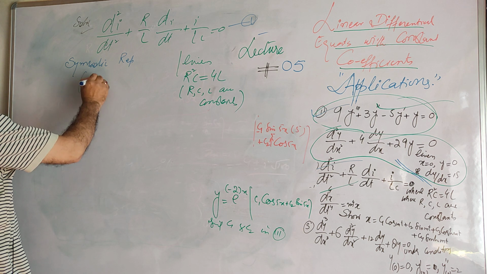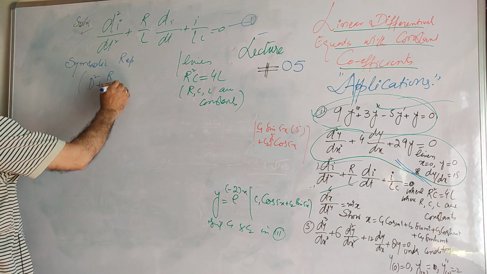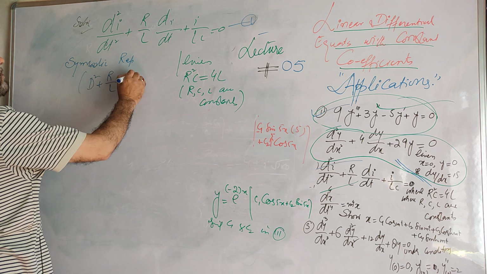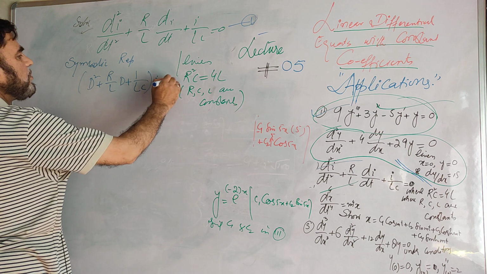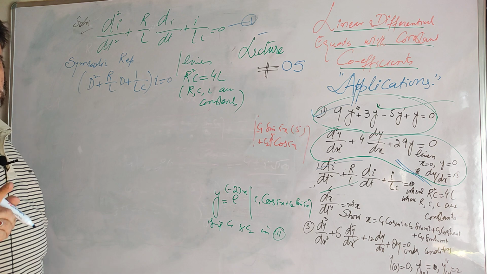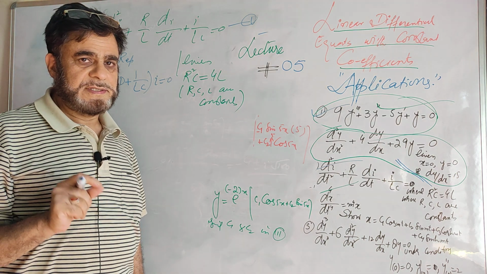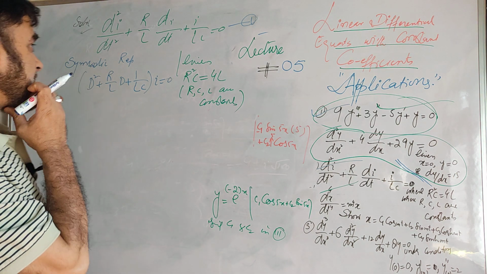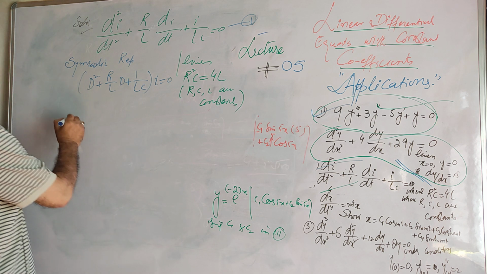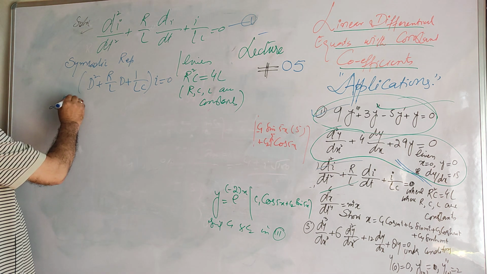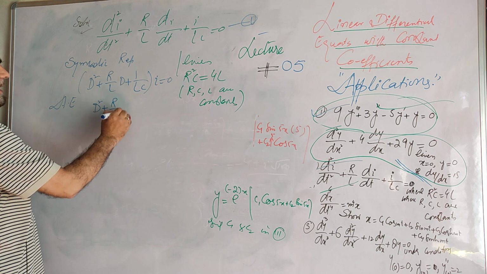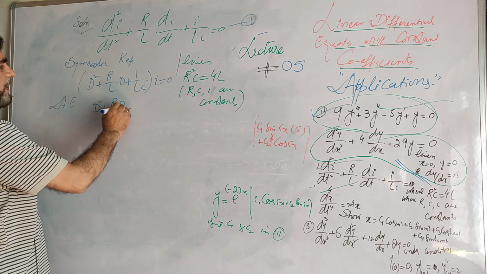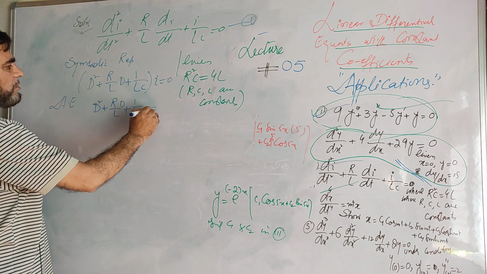I can write D square plus R by L D plus 1 by LC, acting on I, is equal to 0. Your y is now I and your independent variable is t. Be cautious about that. Now what is the auxiliary equation? It is D square plus R by L D plus 1 by LC is equal to 0.